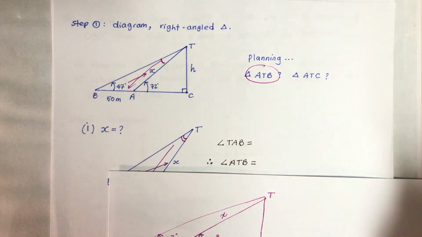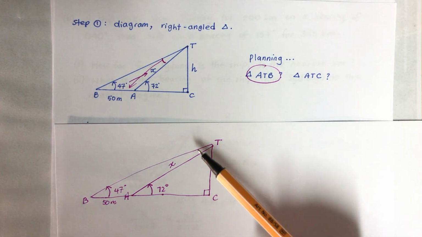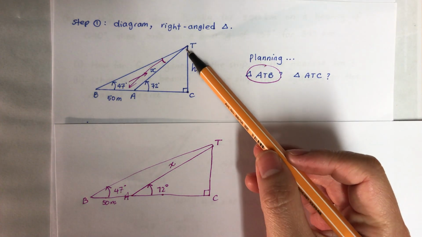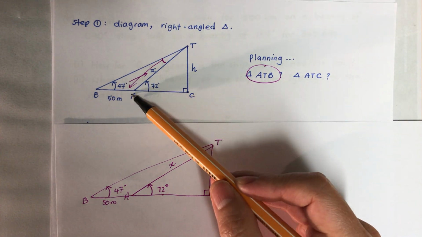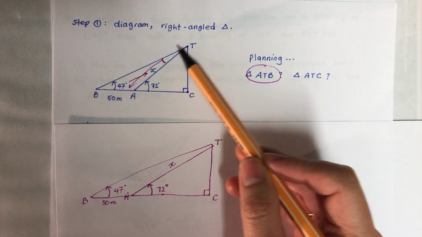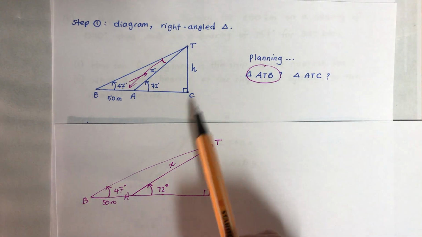Okay, so I've done that, and then you need to think about which triangle you need to use to find x, because this AT is a common part of this triangle and this triangle. So you need to think about which one I need to use.